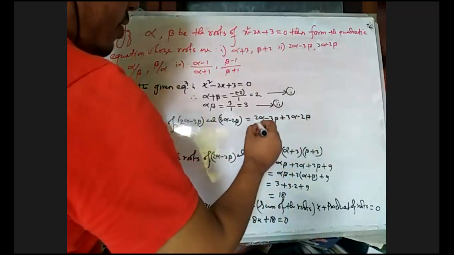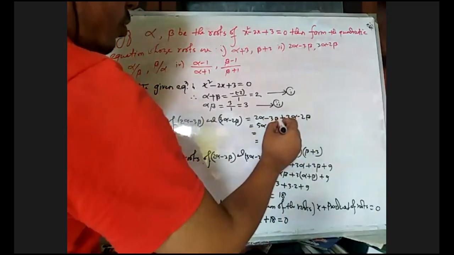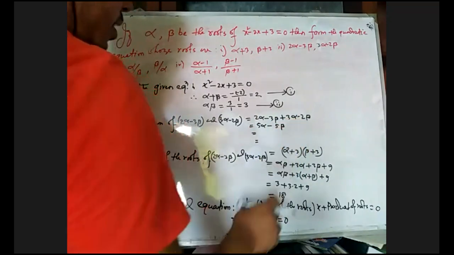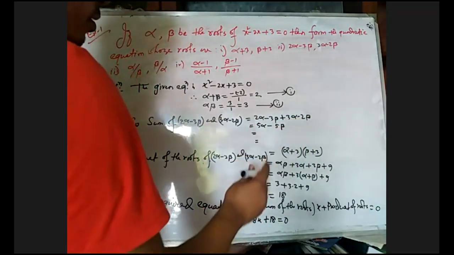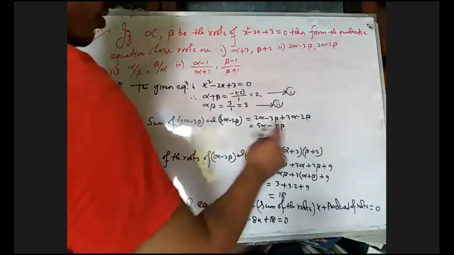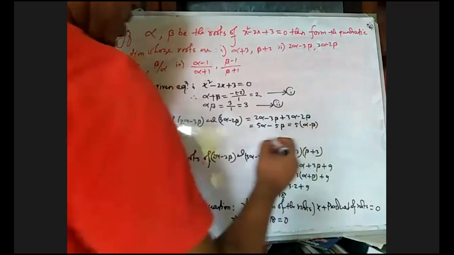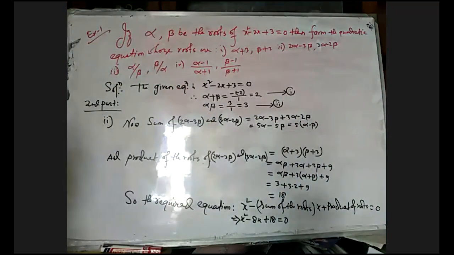That means 5 alpha minus 5 beta, right? So this equals 5 into alpha minus beta.